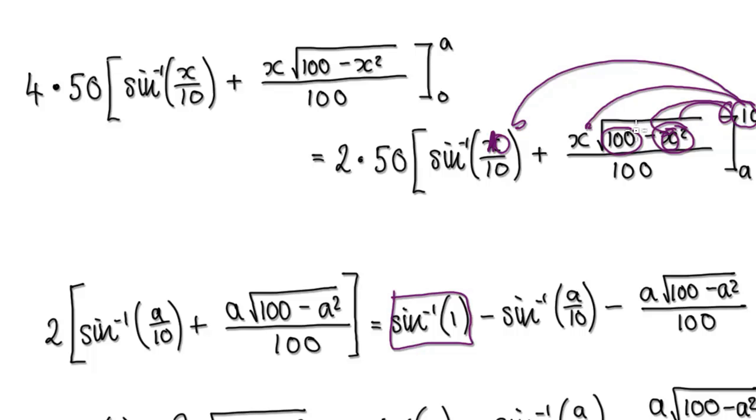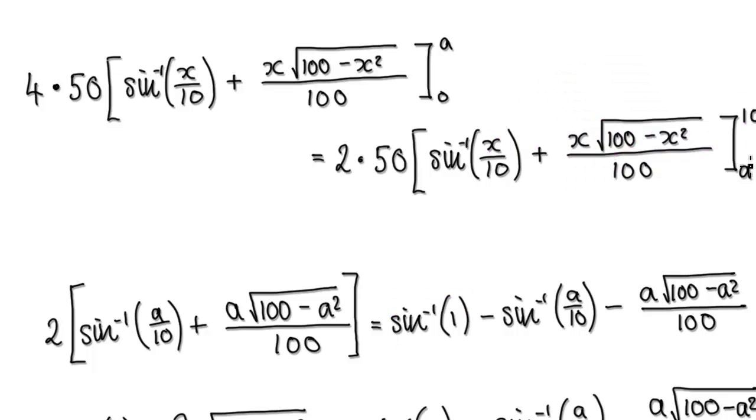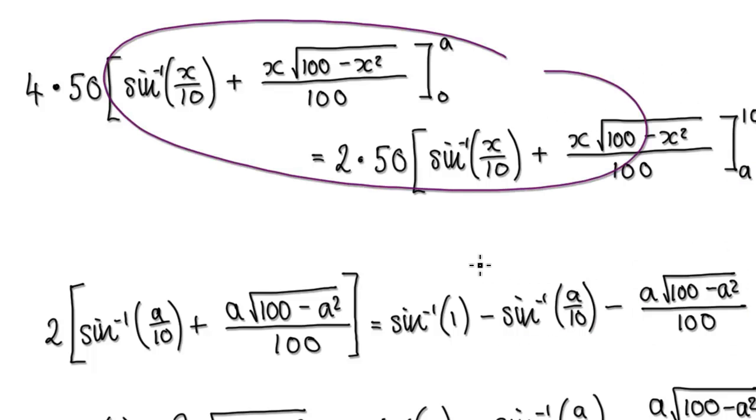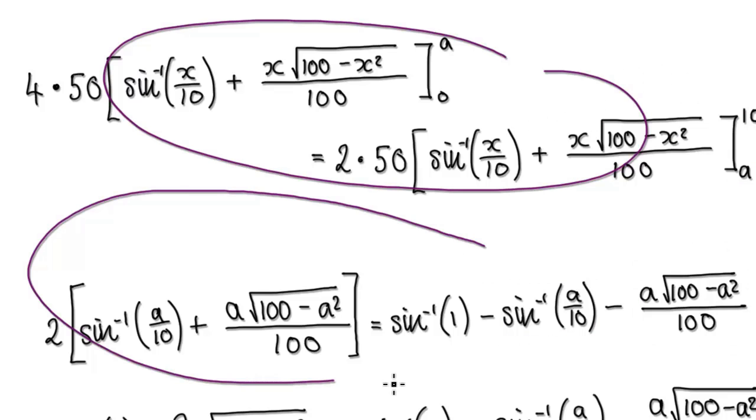If you put a 10 into here, this whole block here will be gone, because you've got a square root of 0 in here. So that would disappear, and then you take away, and then you put the A into here. That will then give you this block, and then you take away, put the A into here, and then into here. That will then give you this block. So from here, that will then take you to here.